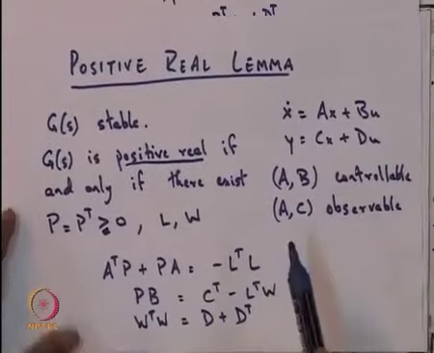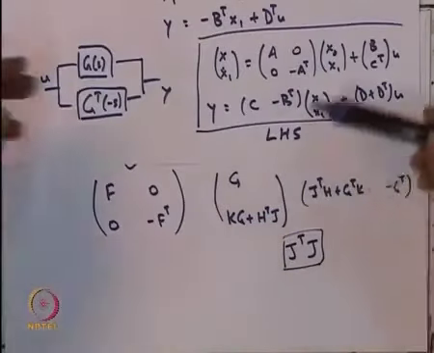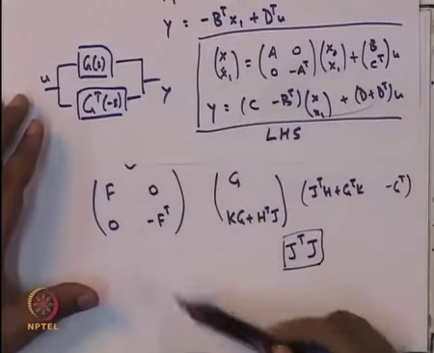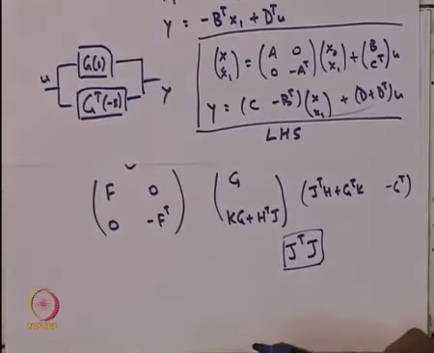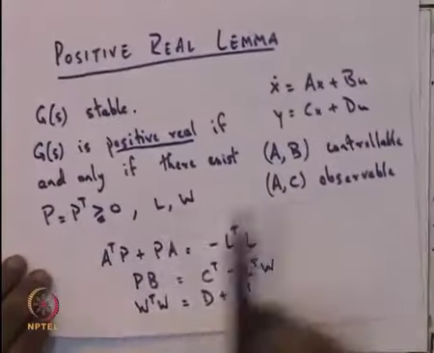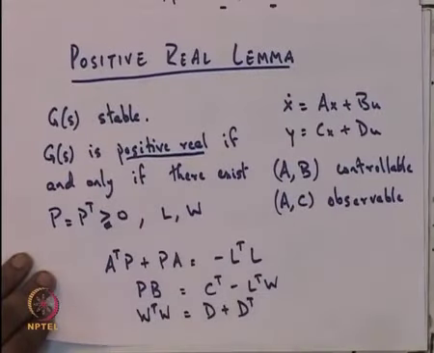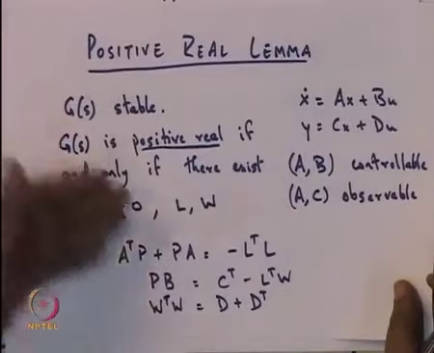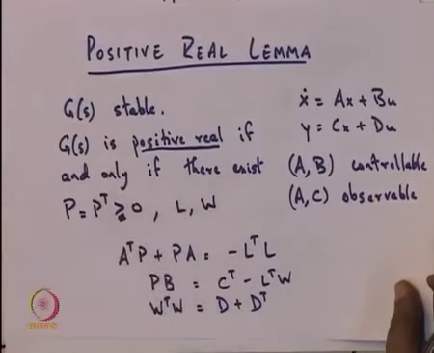So, as a result, what you have shown from this construction is, by this methodology and showing the similarity transform between these two, you have shown that these equations are going to be satisfied. Okay. And so, that was the converse proof of the positive real lemma.